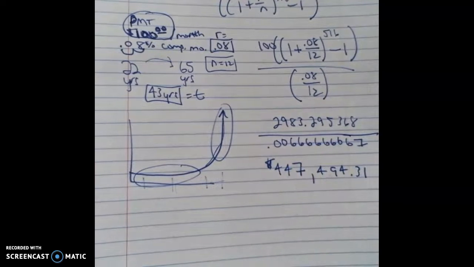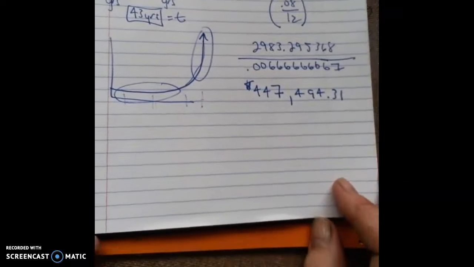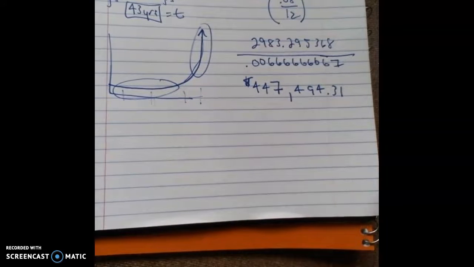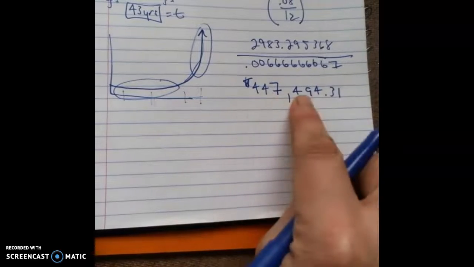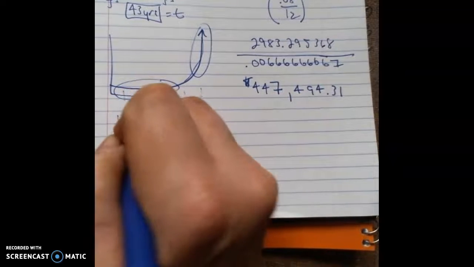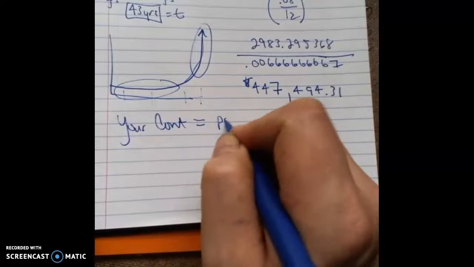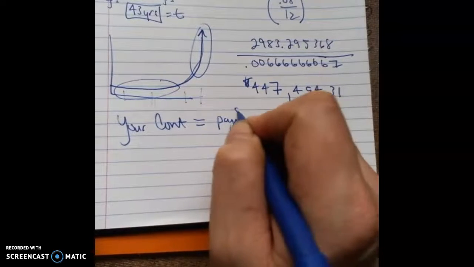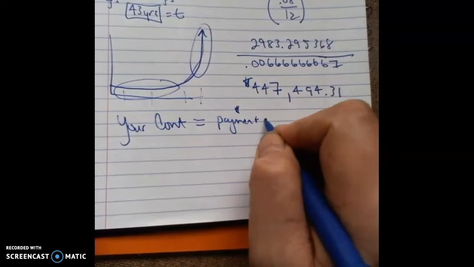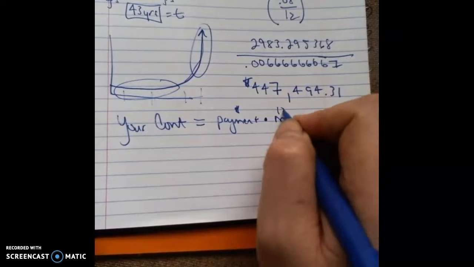Now, there is no formula for interest on things that are compounded, only simple interest, which we tend to only use on a month-to-month basis with payments. So here, what are your contributions? Your contributions are what you pay. It's your payment, money-wise, and how often, which in this case you did monthly, so 12 months.